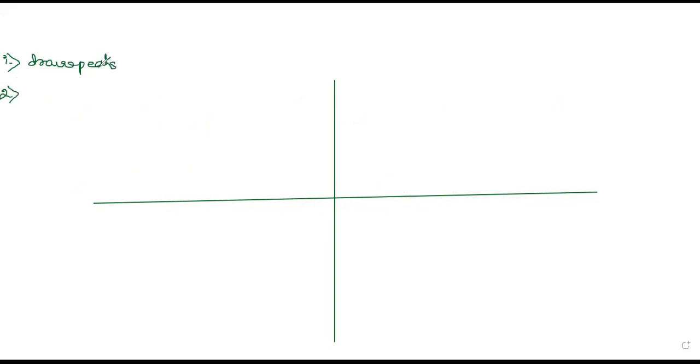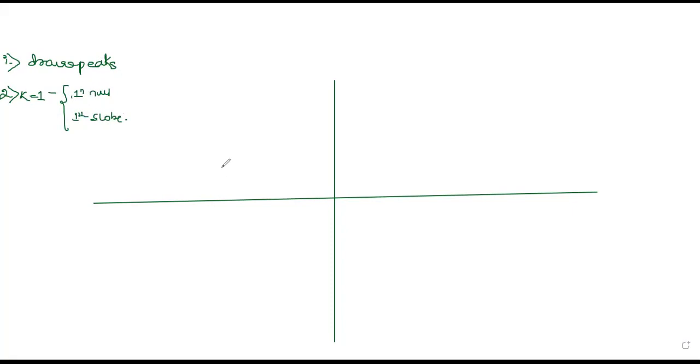Once you draw the peaks, you're going to draw for k is equal to 1. Draw first the first null direction for k is equal to 1. After that, draw the first side lobe direction. And it continues. K is equal to 2, k is equal to 3 until you get the invalid points.